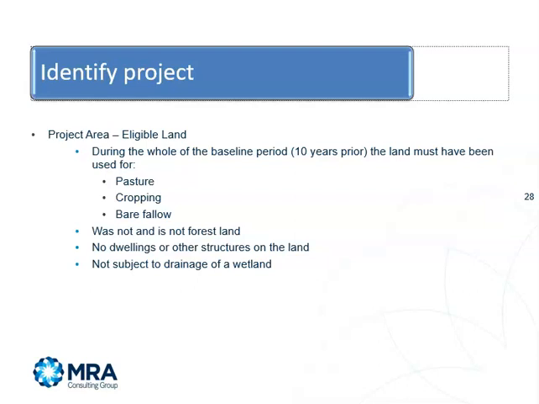The project area must meet the following requirements: during the whole of the baseline period, 10 years prior, the land must have been used for pasture, cropping, bare fallow, was not and is not forest land, no dwellings or other structures on the land, not subject to drainage of a wetland. Parcel of land within your nominated project area that doesn't meet these requirements must be excluded.